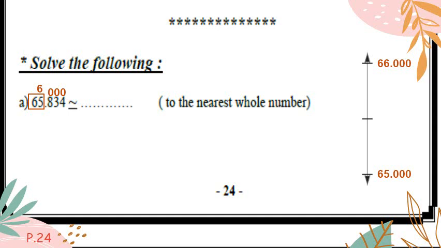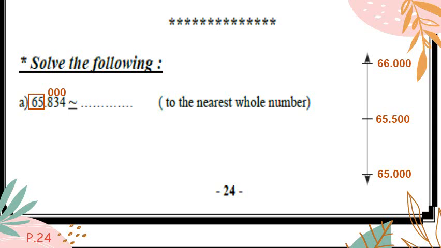The first 0 after the ones digit, change it to 5. So now it's 65.500 and this is the midpoint number. So the smaller number now is 65.30, the bigger 66.30, and the midpoint 65.500.